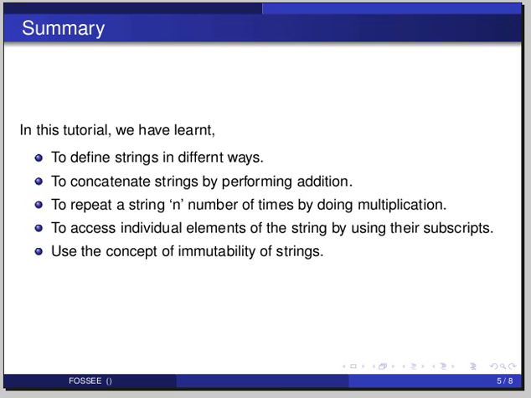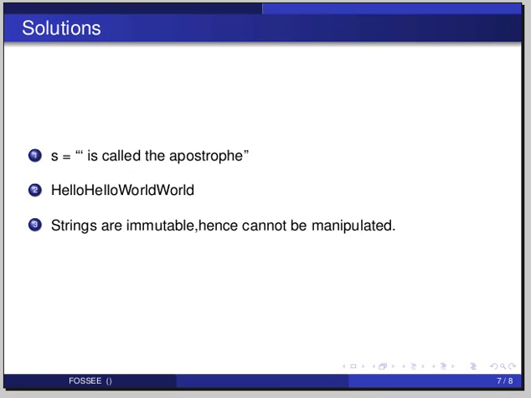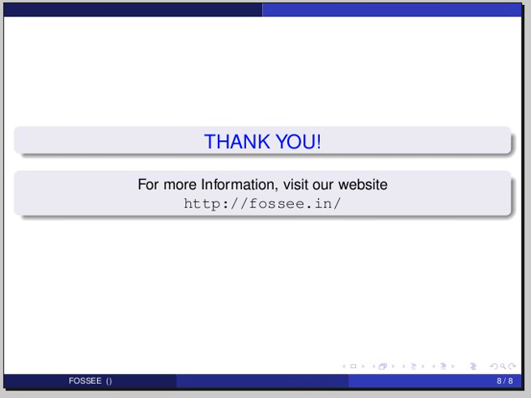Let us attempt to change one of the characters in a string. So type A is equal to hello, and A of 0 is equal to H. As said earlier, strings are immutable. We cannot manipulate a string.